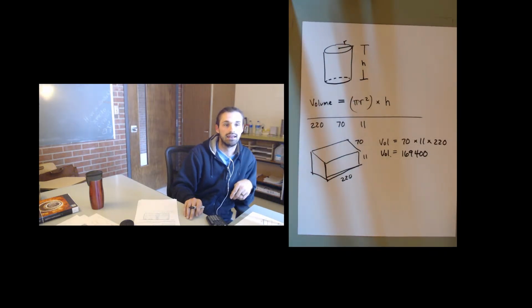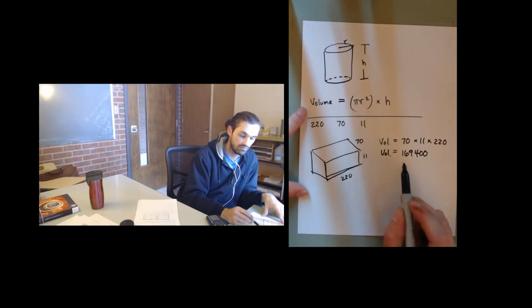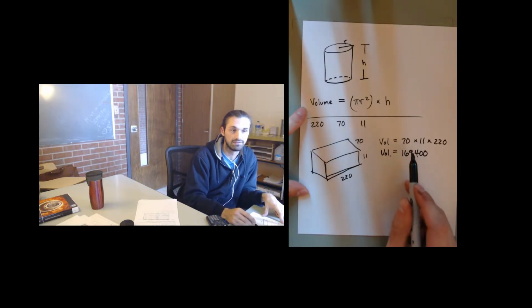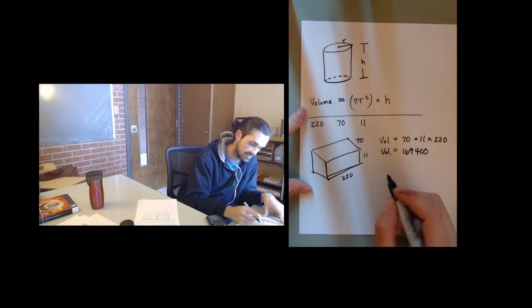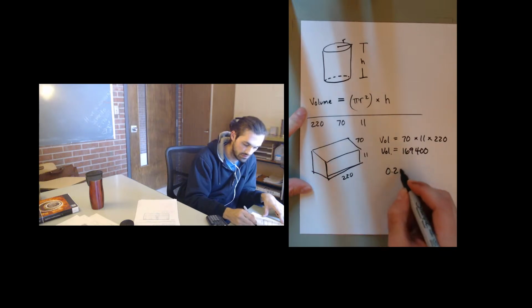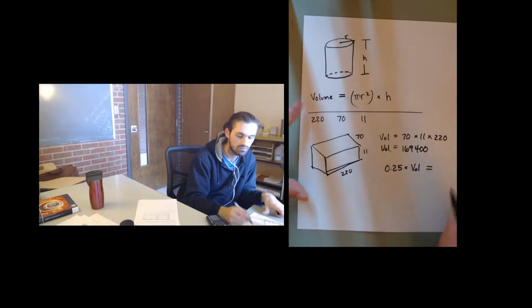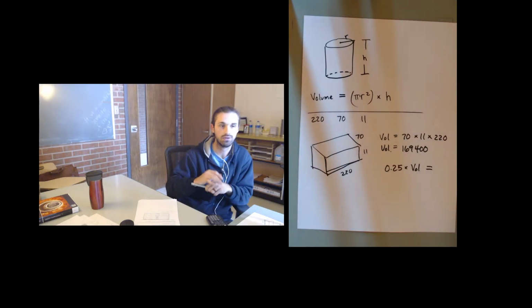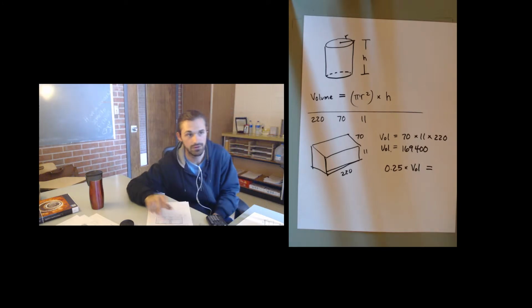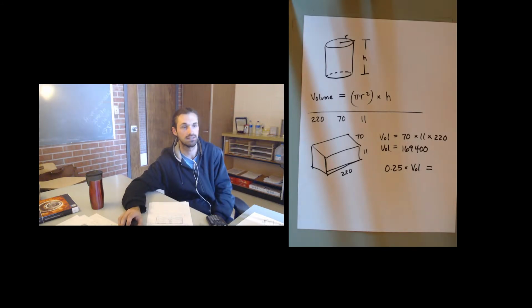And at the end of the day, the reservoir is 75% full, meaning there's 75% of this left at the end of the day, which means in order to refill it completely, we have to add 25% of this. So 0.25 multiplied by our volume will tell us how much we need to add to this reservoir to fill it up overnight.